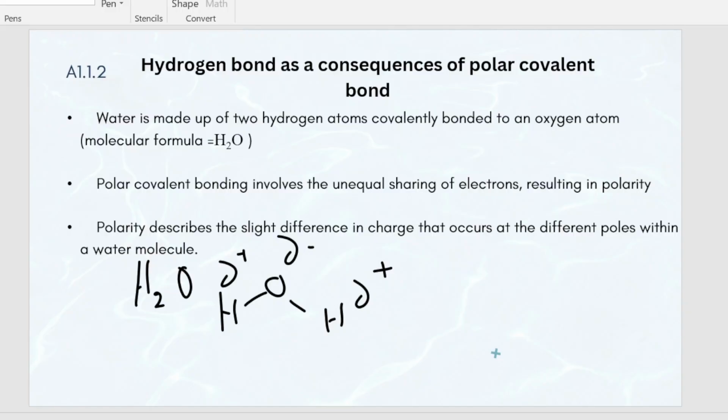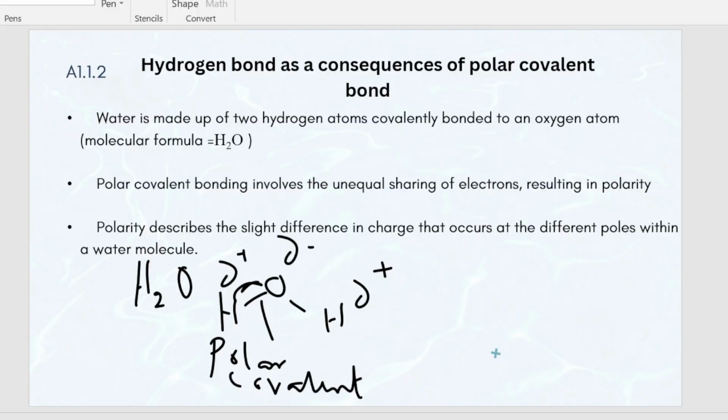So in water, we say that a polar covalent bond exists within a water molecule. I use the word within. So within this water, between this oxygen and hydrogen, there is a polar covalent bond existing there. So a polar covalent bond exists between the oxygen and the hydrogen atom. Take note of that.